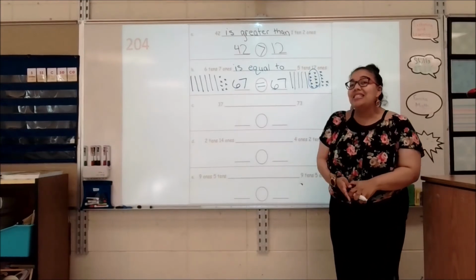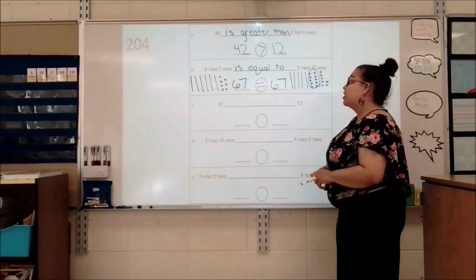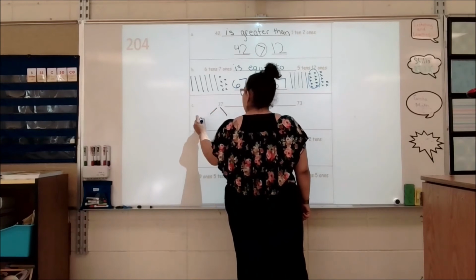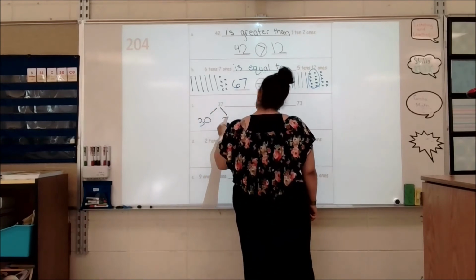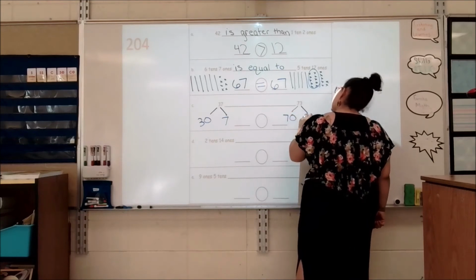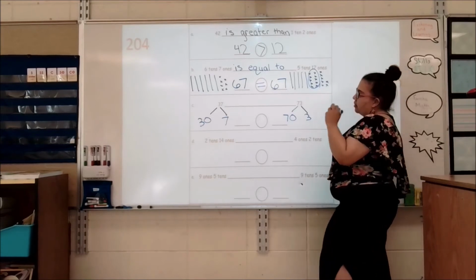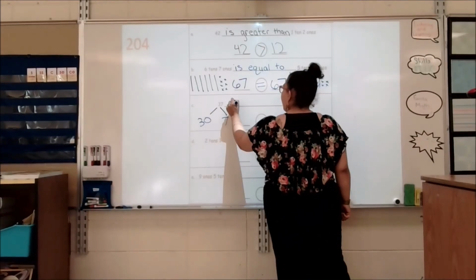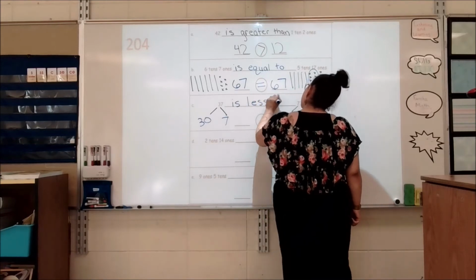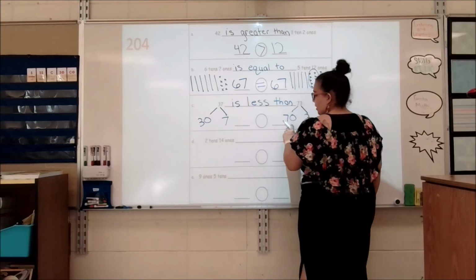Because the value of the place that each digit is in gives us crucial information. 37 is really 30 and 7, while 73 is really 70 and 3. Which means 37 is less than 73 because 30 is less than 70.